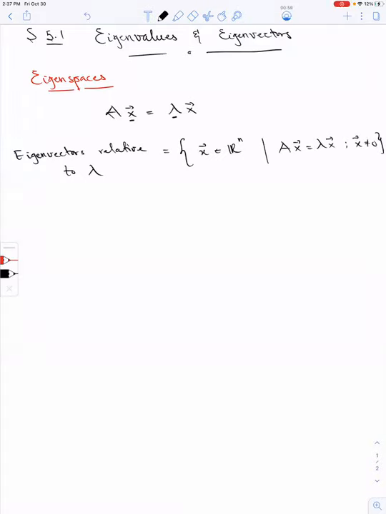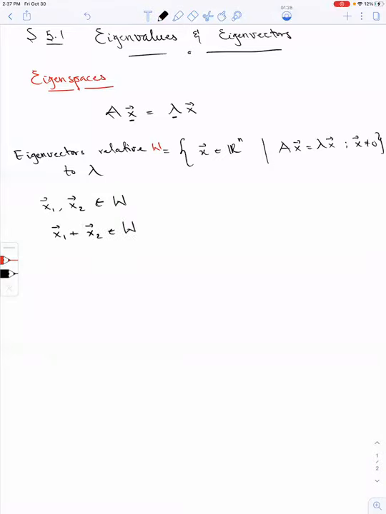Now, let's look at the general behavior of these eigenvectors. If I take two vectors, x1 and x2, in this set, for the sake of simplicity let me call it W, would the sum x1 + x2 still be in W?